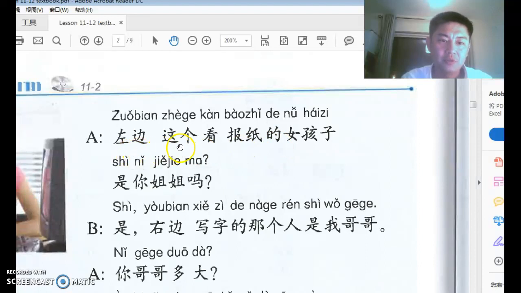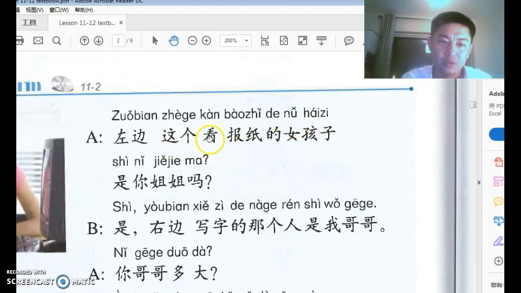左边这个看报纸的女孩子. What kind of 女孩子? 看报纸的女孩子. The girl who is reading the paper.